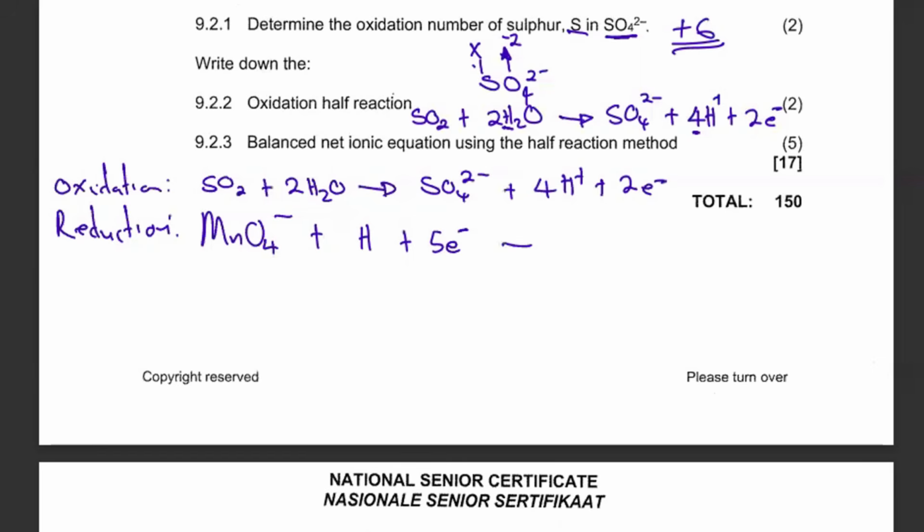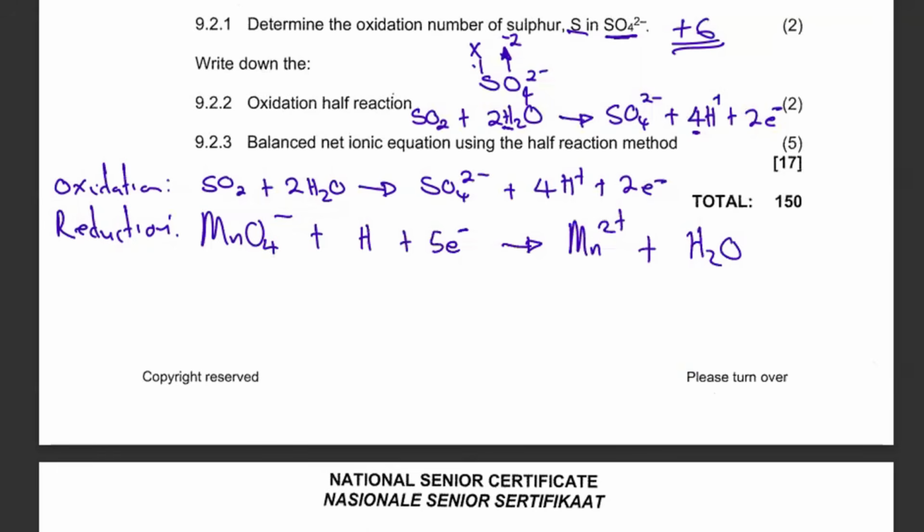Then to give us, if we check there, Mn2+, plus the hydrogens, plus H2O. Now with H2O, originally at the top there, we have 4 oxygens, so we are supposed to multiply by 4.